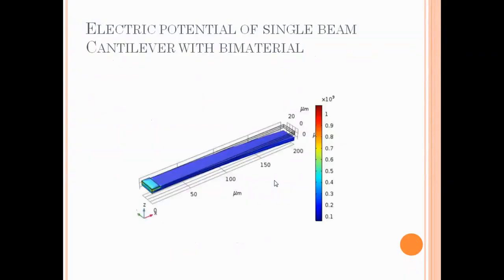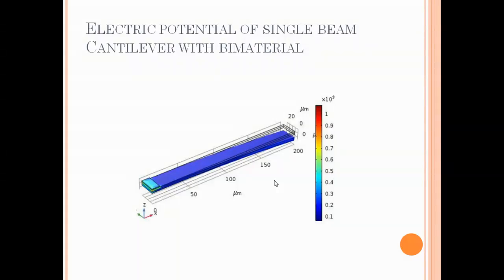Here I have shown the simulation result for the single beam cantilever with bimaterial. When we apply solar energy, the displacement occurs in the downward direction. This is because I chose different materials for layer 1 and layer 2 of the cantilever beam. The thermal expansion coefficient of the lower material is much lower, so when temperature changes occur, the deflection happens toward the low thermal coefficient material.